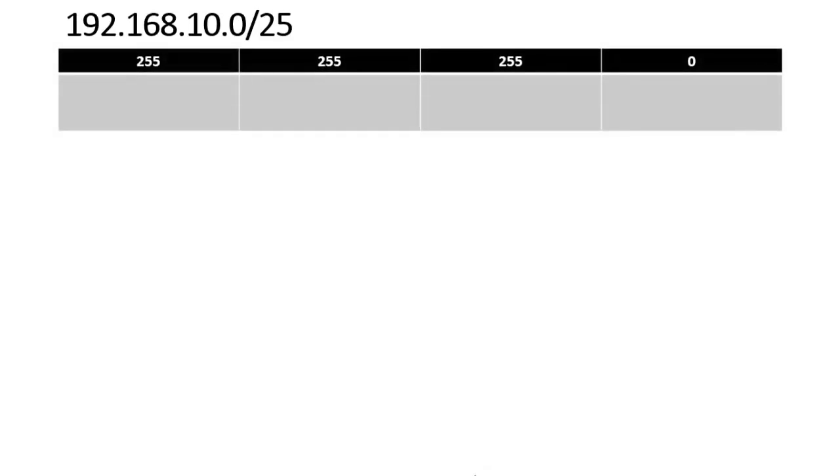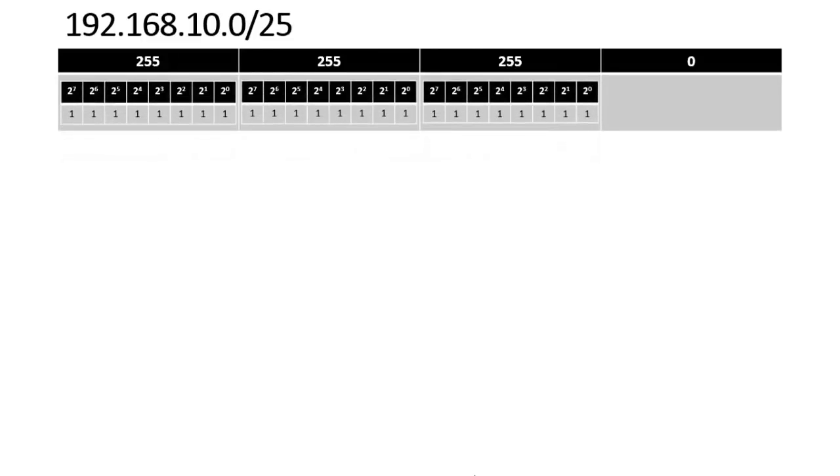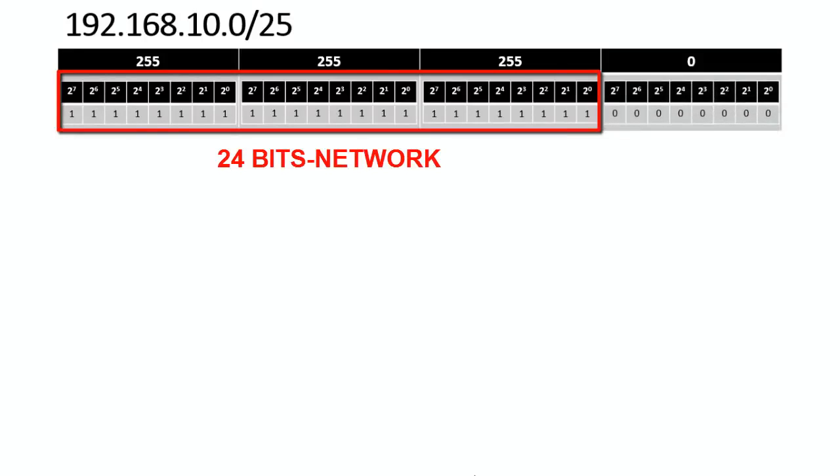Let's take another example. The IP address 192.168.10.0 with the CIDR value 25. The IP address is the same as our previous example, but this time we have changed the CIDR value from 24 to 25. As we know, the default subnet mask of class C IP address is 255.255.255.0, because by default there are 24 bits reserved for the network and 8 bits reserved for the host.